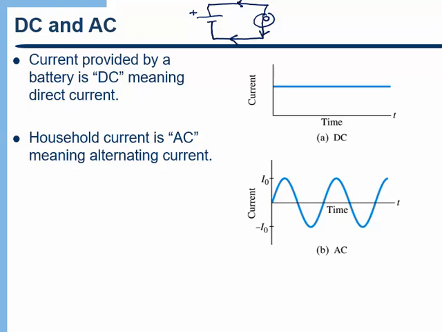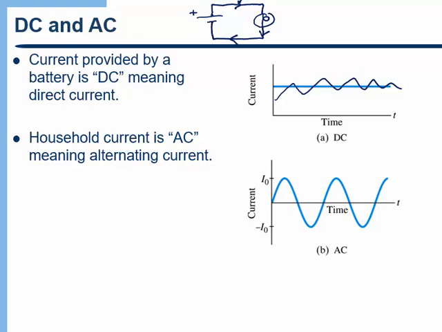And the current always has the same direction. Even if I vary the voltage on the battery, the current is always going to be traveling, in this case clockwise, around the circuit. So it can change, but it's always in only one direction.